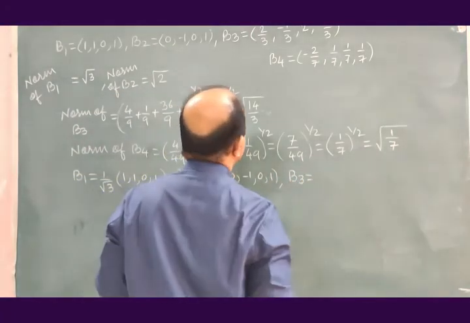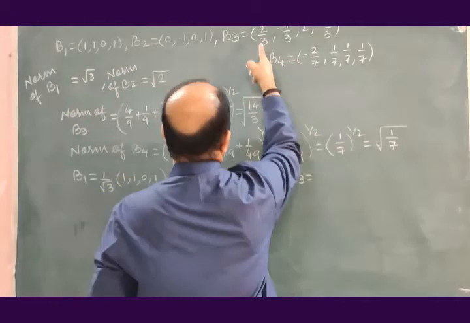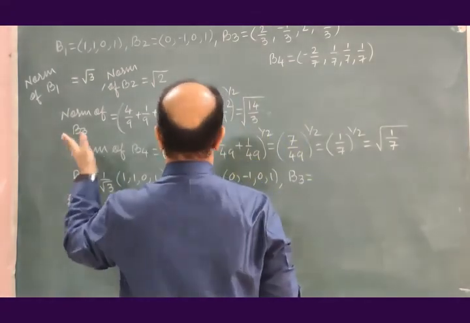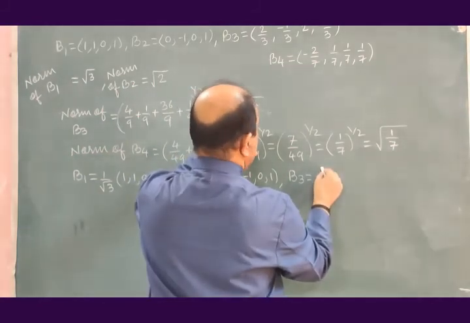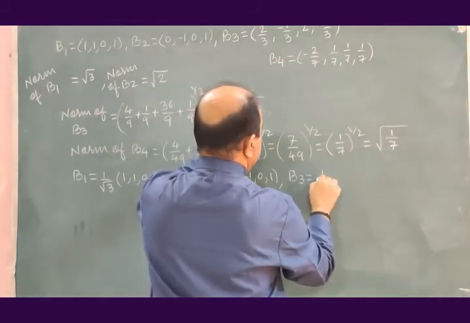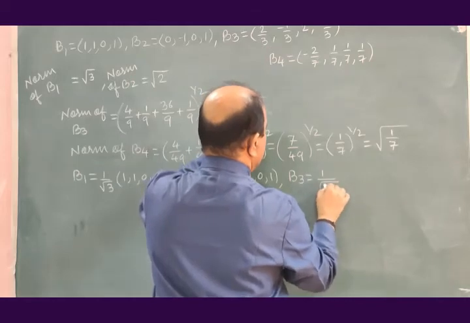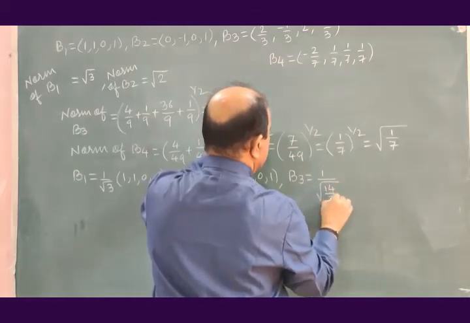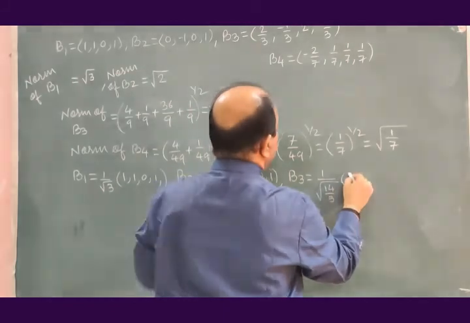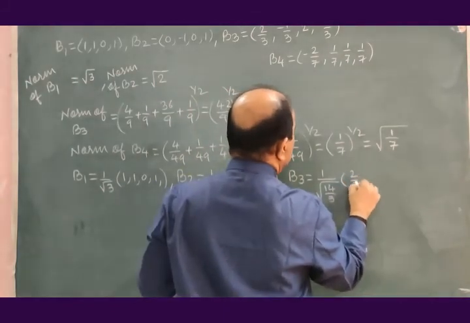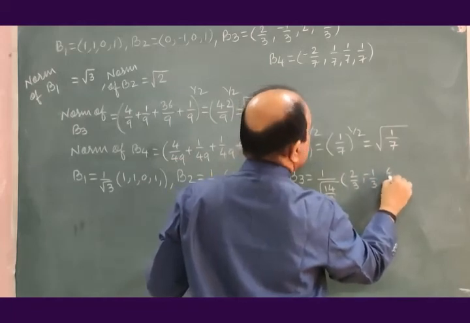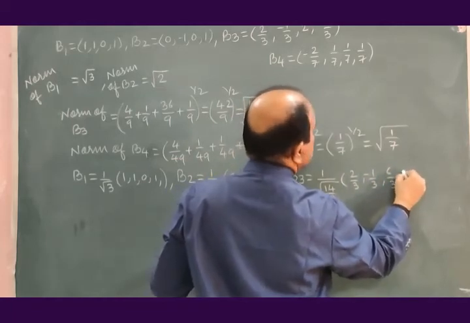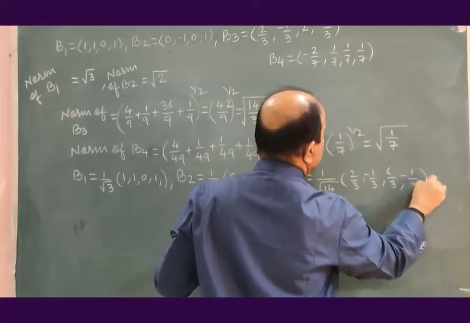B3 will be equal to this divided by its norm. Its norm is this one, that is 1 divided by square root of 14 by 3 into (2 by 3, minus 1 by 3, 6 by 3, minus 1 by 3).